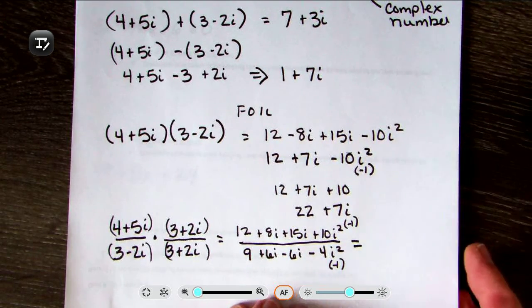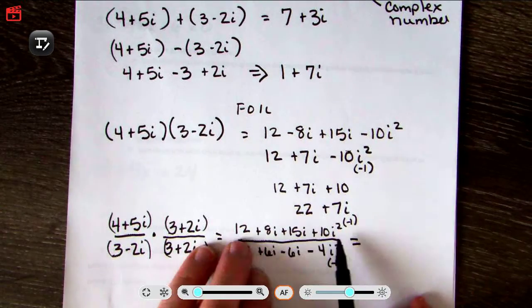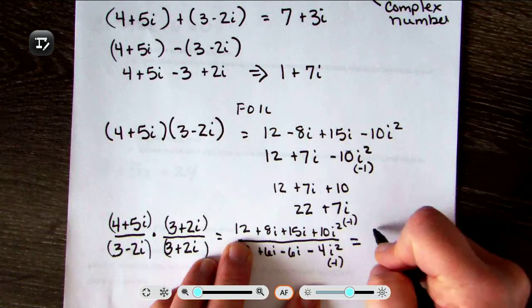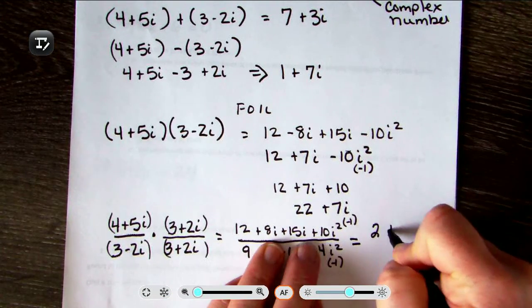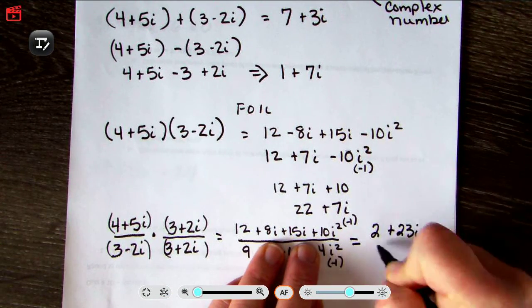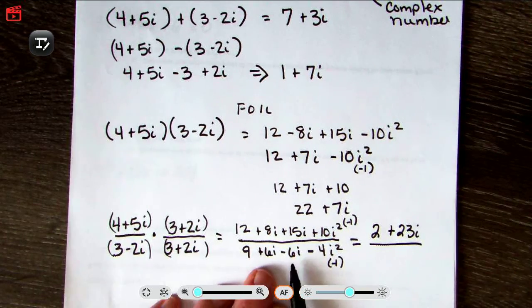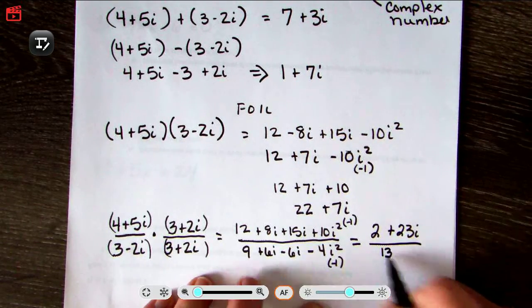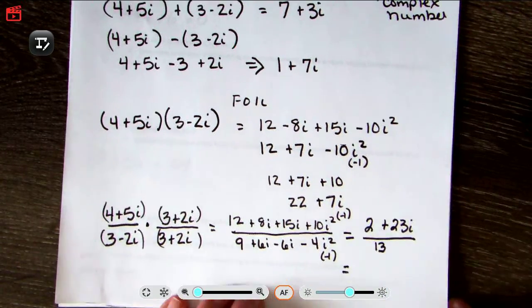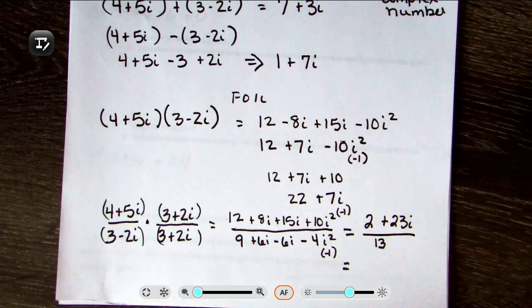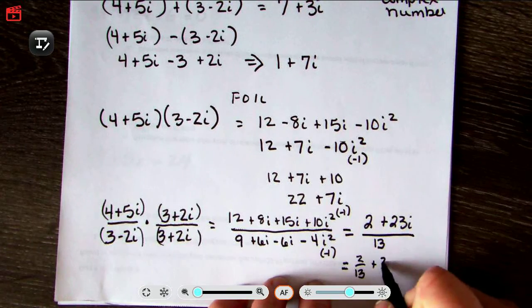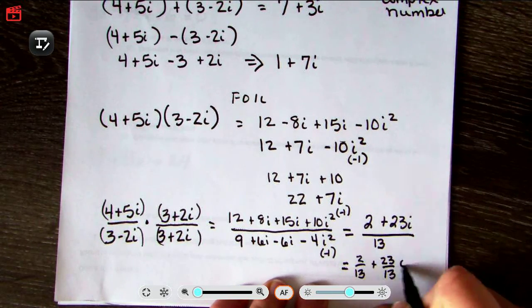And I'll also combine my like pieces. So in the numerator, we'll have that 12, and then this -10, which gives me a 2, and then we'll have that plus 23i. In the denominator, notice the 6i and the -6i cancel. This becomes a +4, so we'll have 13. We can write this in that a plus bi form as 2 over 13 plus 23 over 13 i.